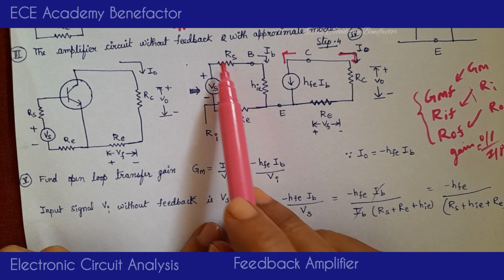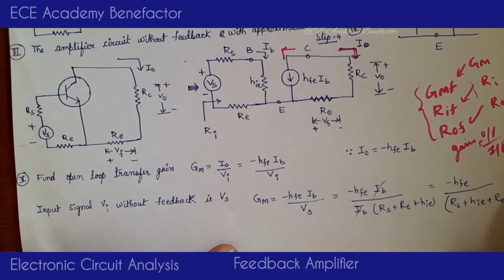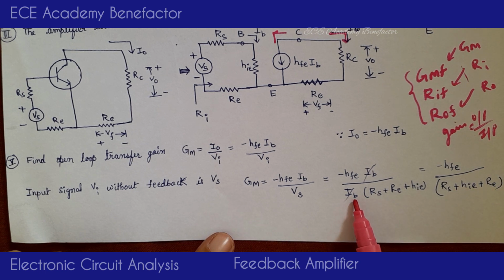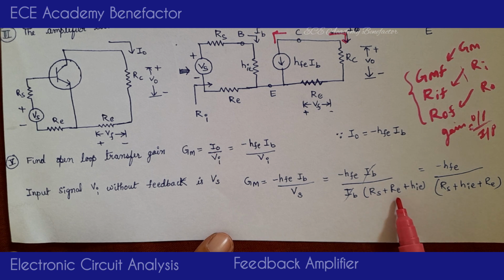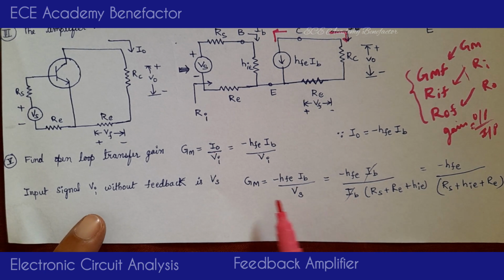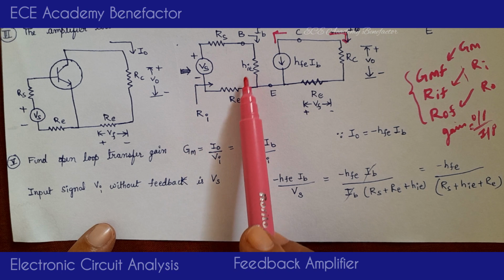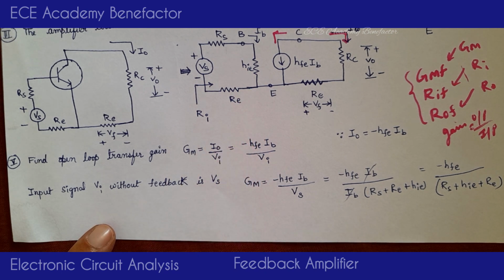There are three resistors, and the current flowing through them is IB. So Vs is equal to IB times Rs plus HIE plus Re, with IB taken common. IB gets cancelled and you are left with minus HFE by Rs plus HIE plus Re. In this way we obtain GM: GM is minus HFE by Rs plus HIE plus Re.